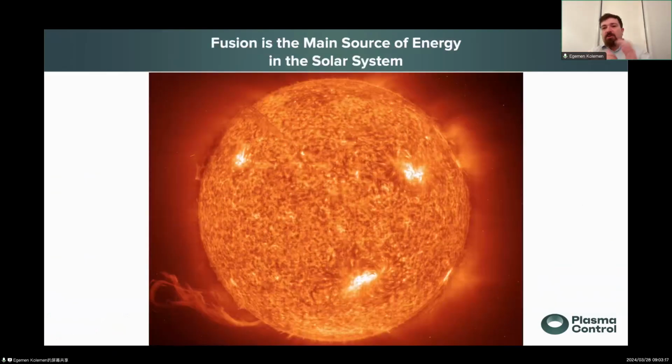For those of you who are not familiar, fusion is the main source of energy in the solar system, and in the universe for that matter. Here's the sun, and there's fusion energy being produced inside the sun, which gives out the heat and the radiation that heats the earth.